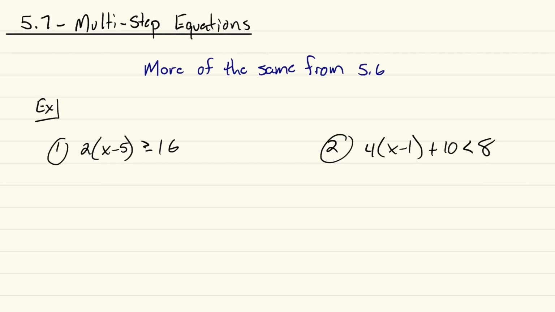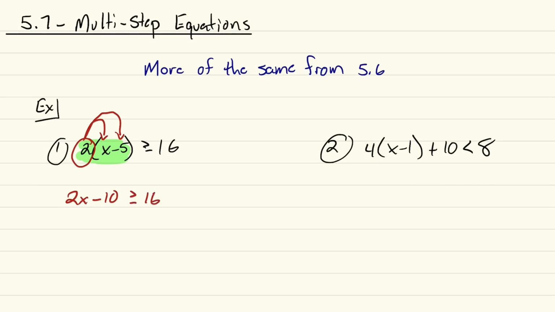On the left-hand side, I have some stuff that I can simplify, and I can simplify by using distributive property. So I'm going to take this number that's on the outside, and I'm going to multiply it by each term on the inside. 2 times x is 2x, and 2 times negative 5 is negative 10. So 2 parentheses x minus 5 simplifies to 2x minus 10. I can rewrite everything else.